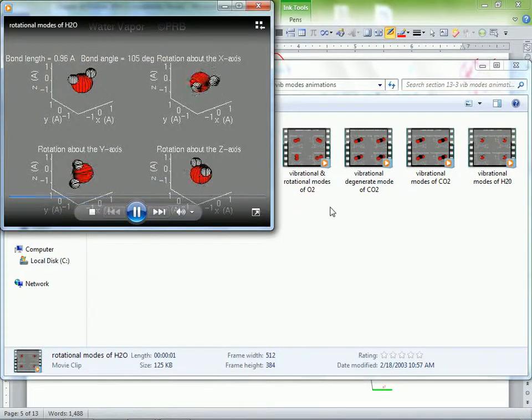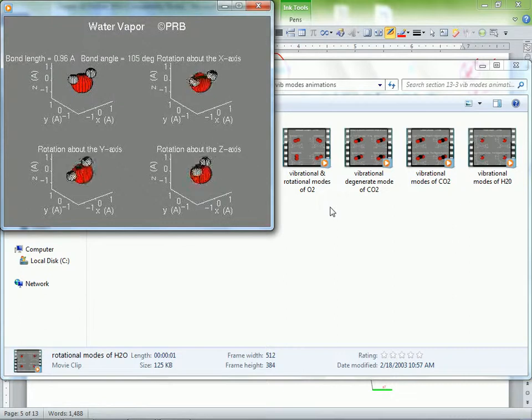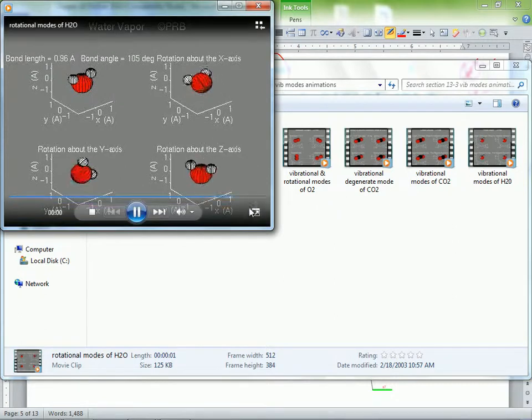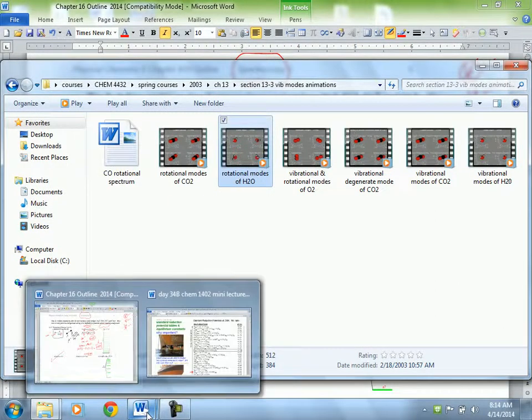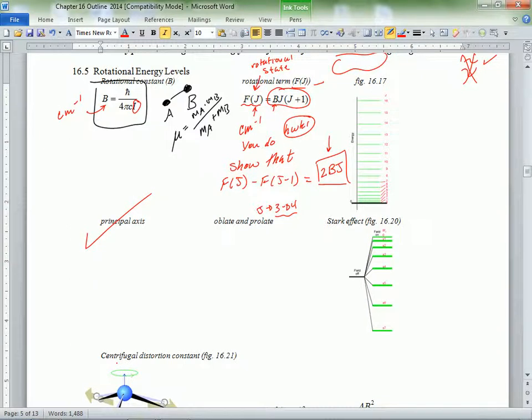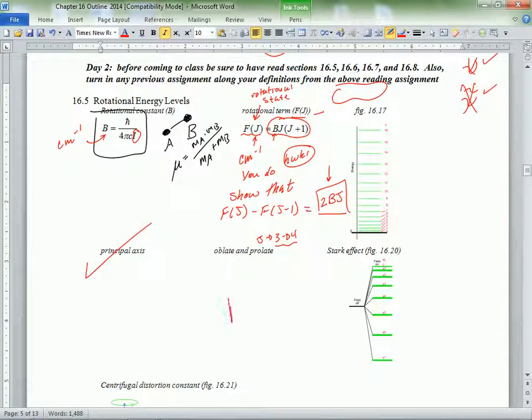How they work. Okay. Bet you there's one transition more than the other one in there that's hitting up microwaves. Okay. Oblate and prolate, that's a DWA. Don't worry about it. Okay. The Stark effect.